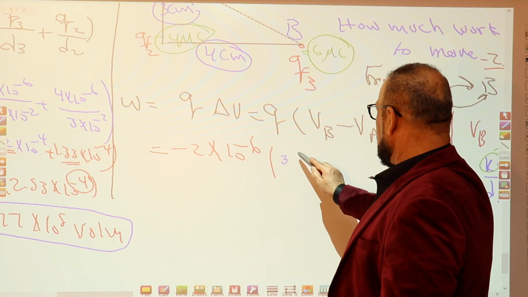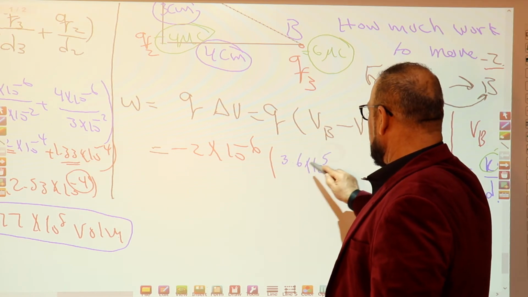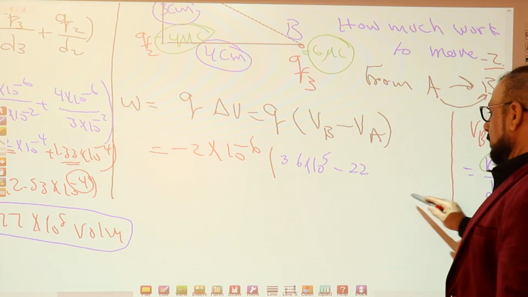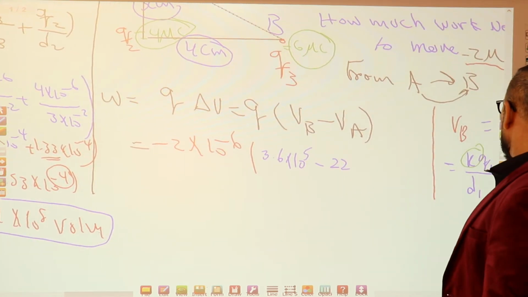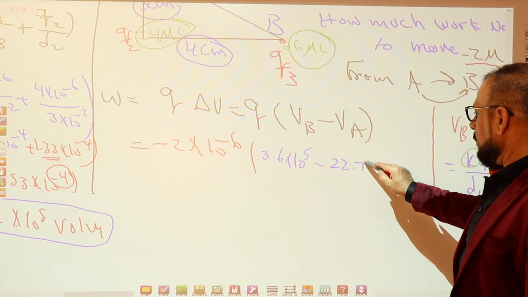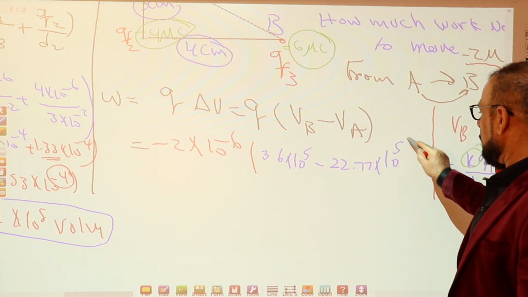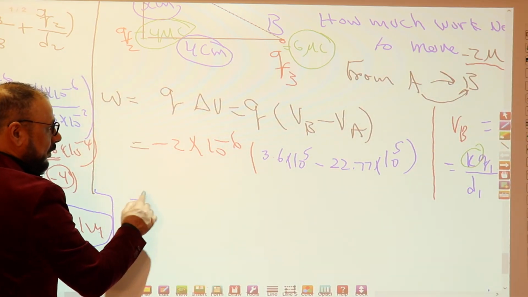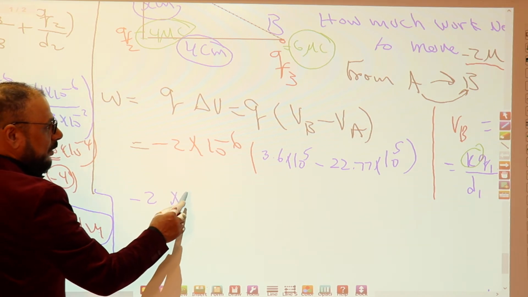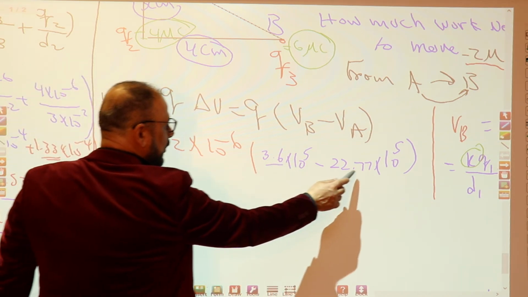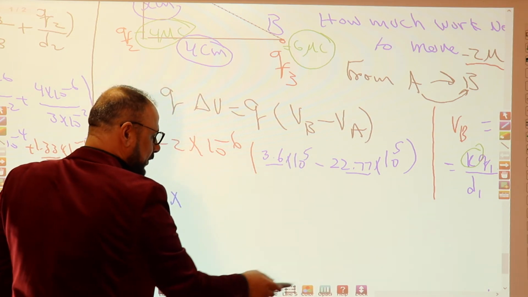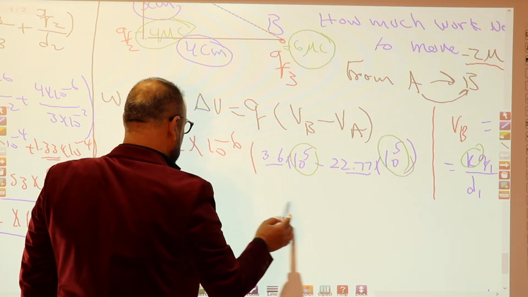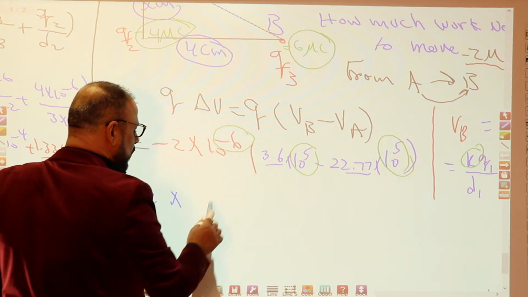3.6 times 10 to the 5 minus 22.77 times 10 to the 5. Now, negative 2 times that. Now let us multiply this and this. 10 to the 5 is a common factor, right? And 10 to the negative 6, I'm going to do it in 2 steps.